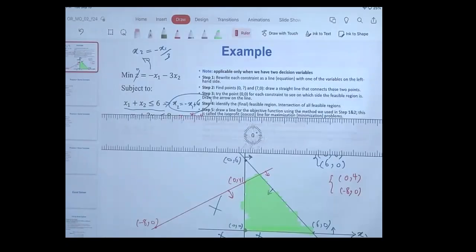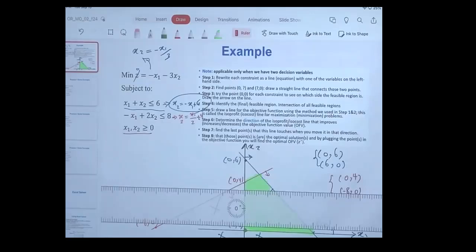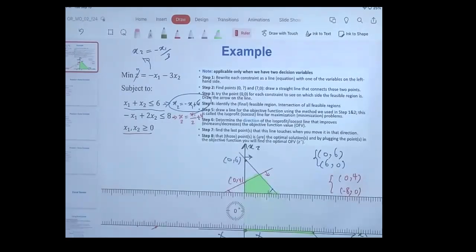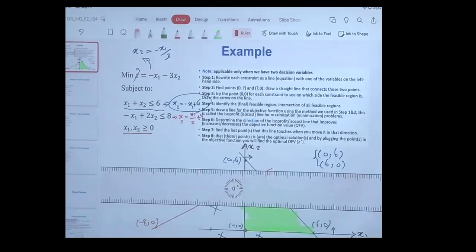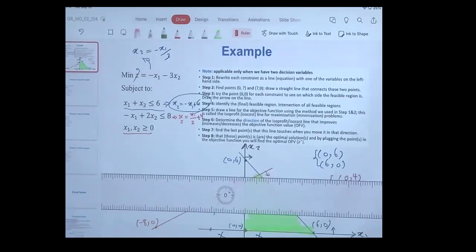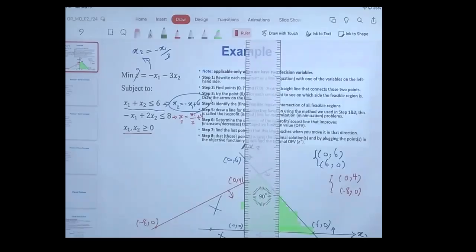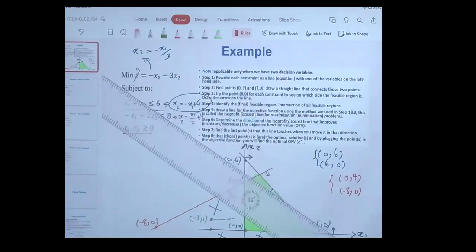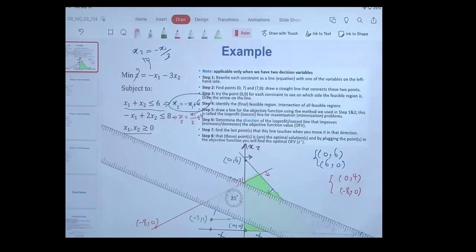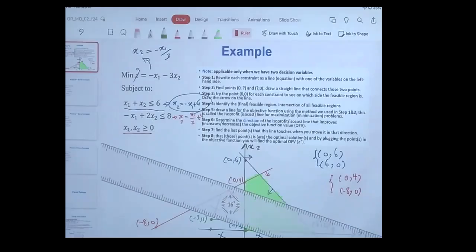If you put x1 equals minus 3, x2 will be 1. And these two points connected will represent the objective function.